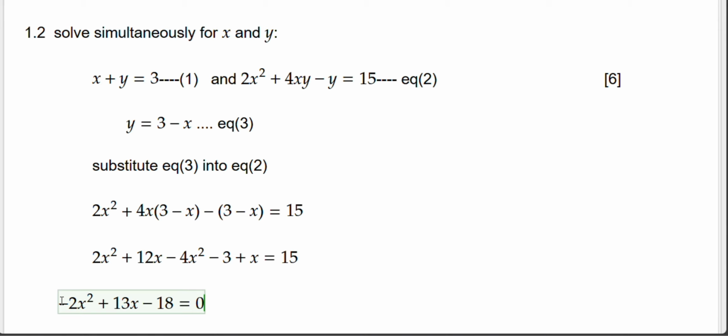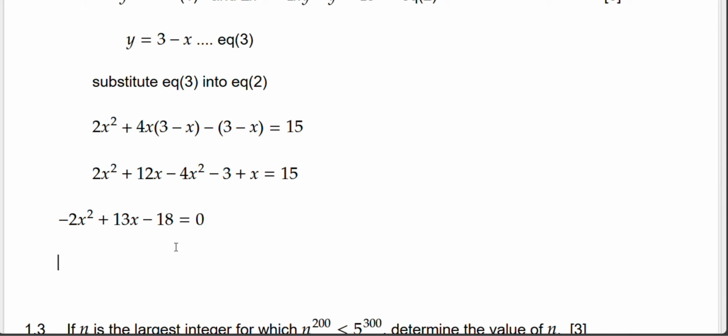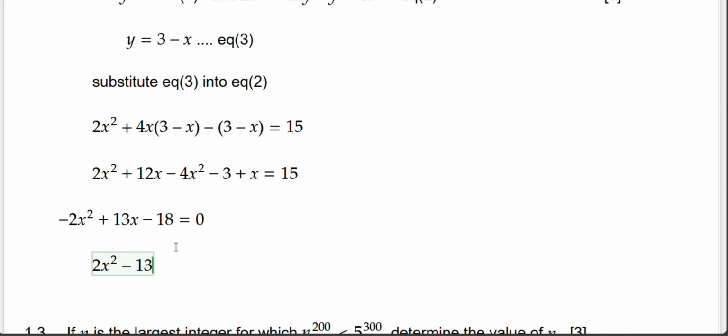Yes, correct. So okay, here we need to divide by negative 1. So it's going to be 2x squared minus 13x plus 18 is equal to 0.